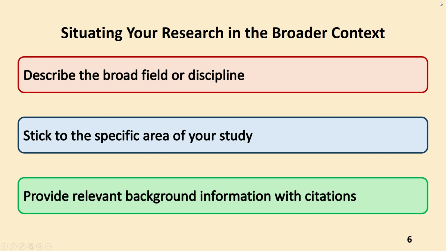So it is better and important that you justify and give strong arguments towards what you have read in some particular study. So it is important to provide relevant background information with citations.